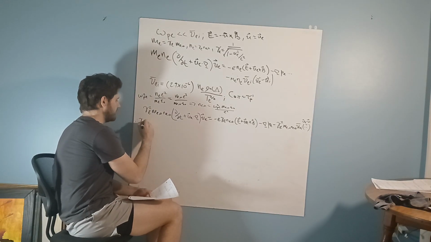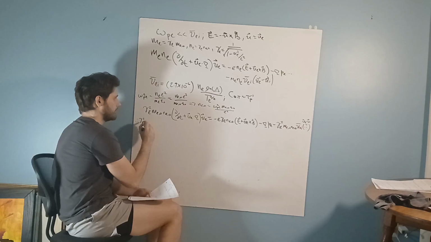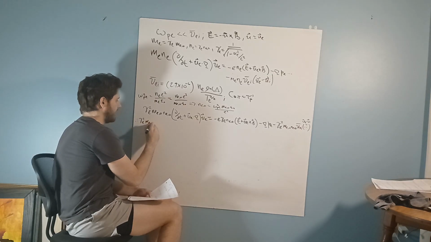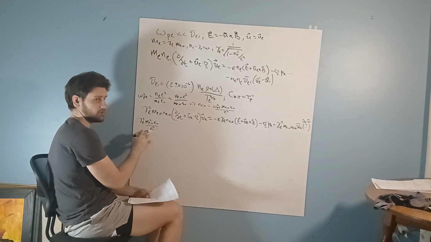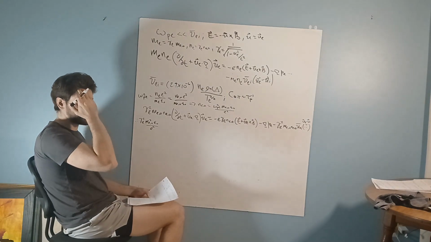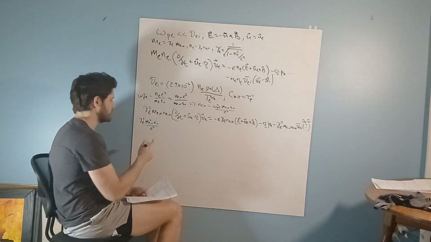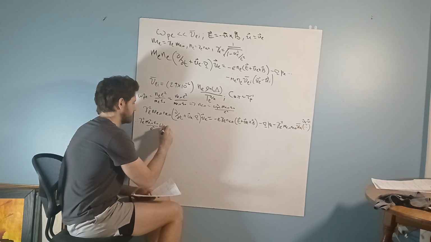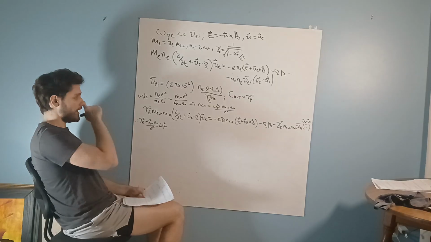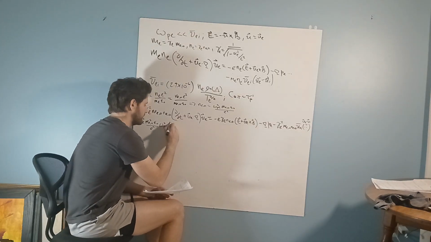Therefore, we have gamma E squared, M E naught squared, epsilon naught over E squared, which is the electron, the quanta of electric charge, not the transcendental function E, times omega PE squared, the plasma frequency.